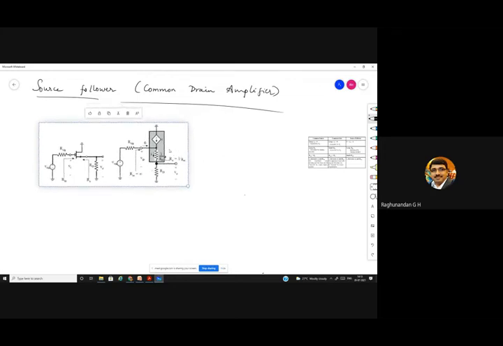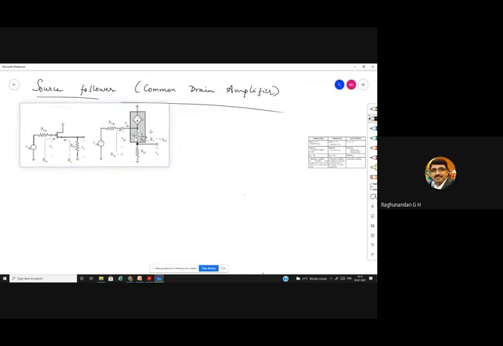So they can be used in providing some delay to the circuit, or if you want to maintain some constant voltage or constant level of the signal in a particular circuit. But if you are expecting any gain, then this is not the circuit which you should use.